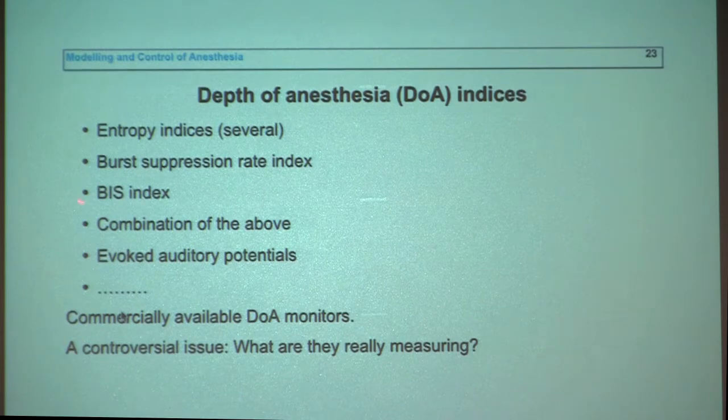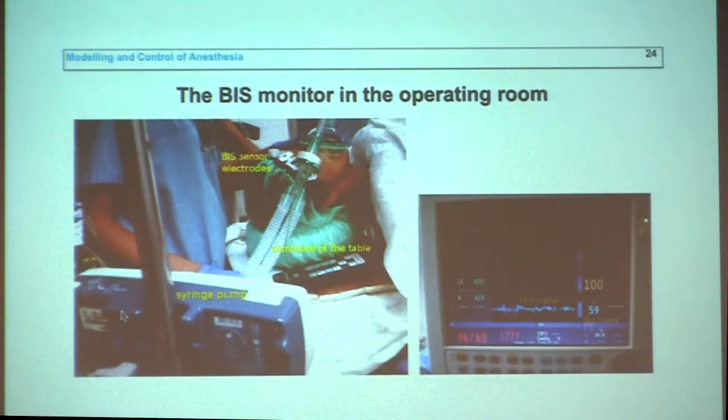One of the most popular is the BIS index. They are commercially available, not only for the BIS, but for others. But we are using the BIS, and you can see here the head of the patient and the BIS electrodes. The BIS is some secret measure.